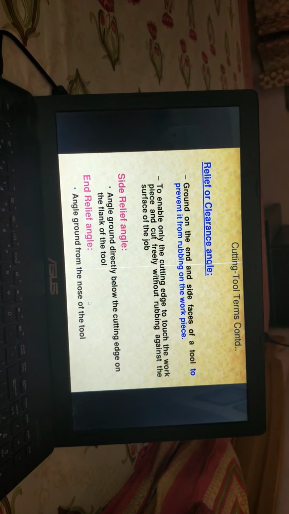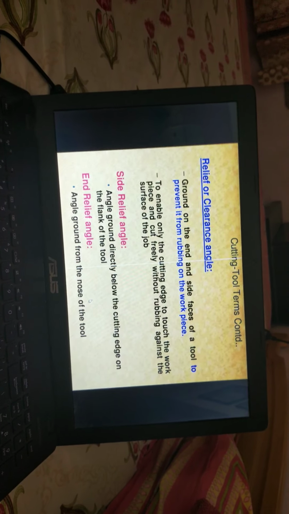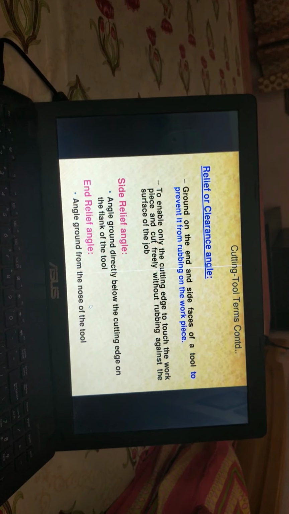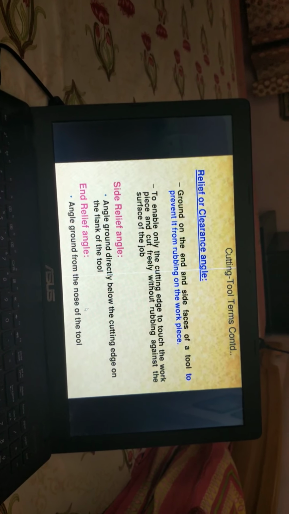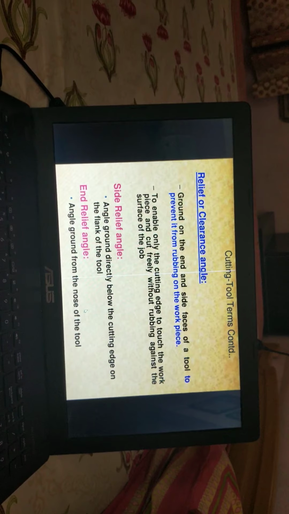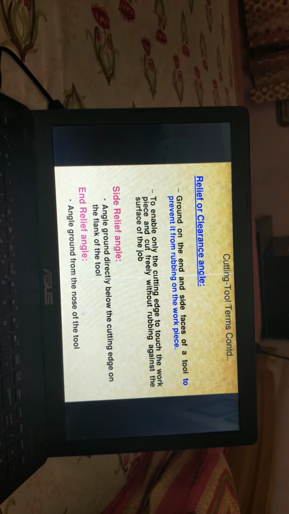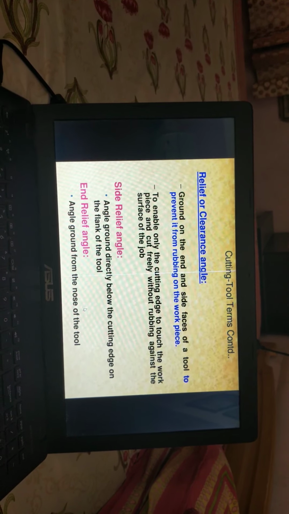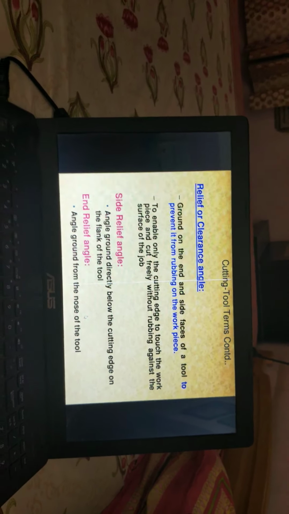The side relief angle is the angle ground directly below the cutting edge on the flank of the tool. And next is the end relief angle, ground from the nose of the tool, so that only the point should touch and other cutting tool edges should not touch, to avoid friction.